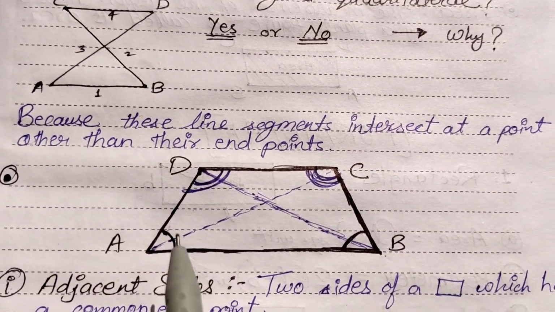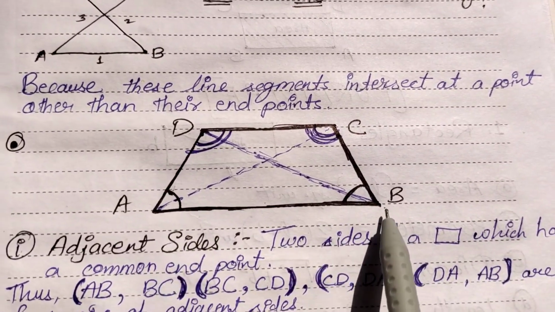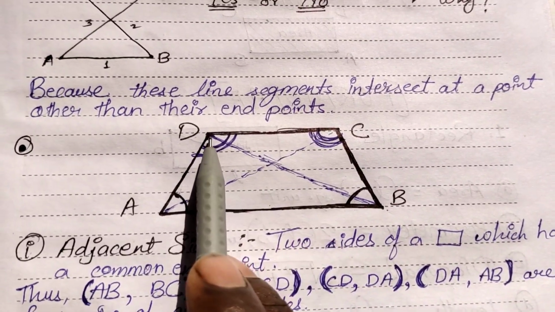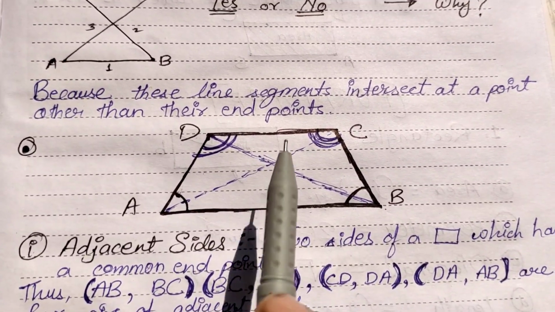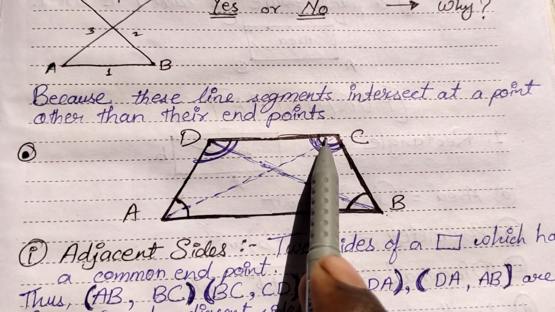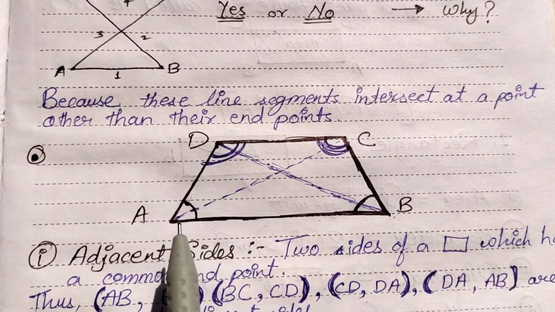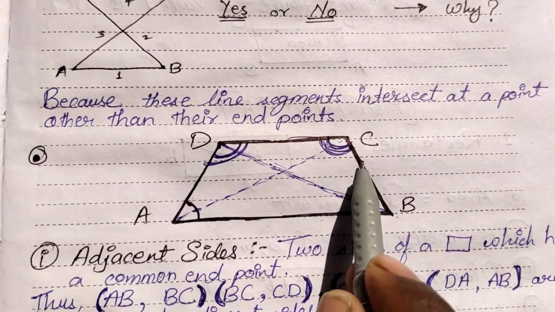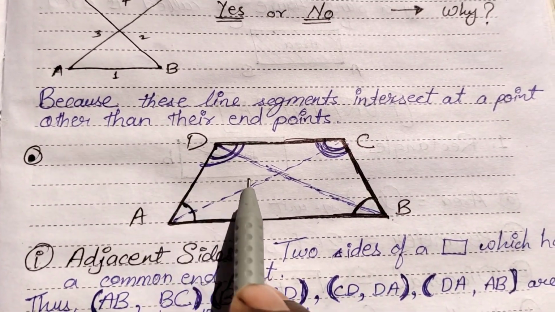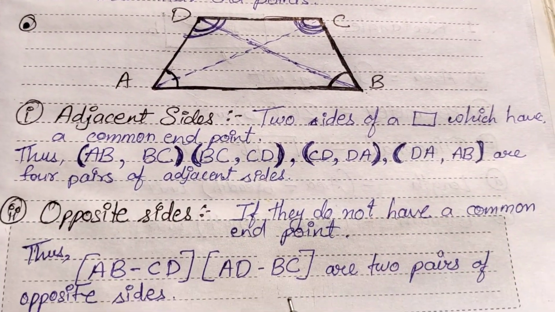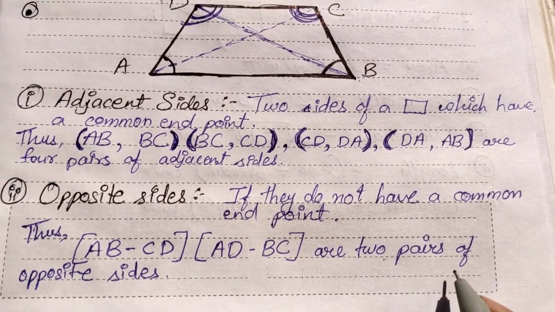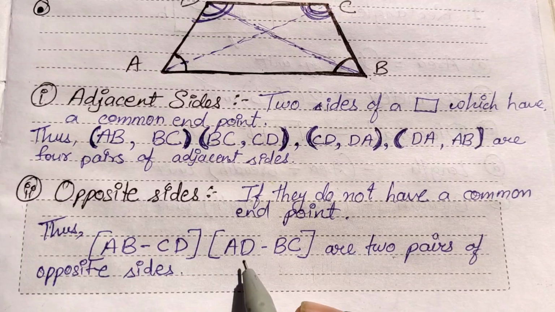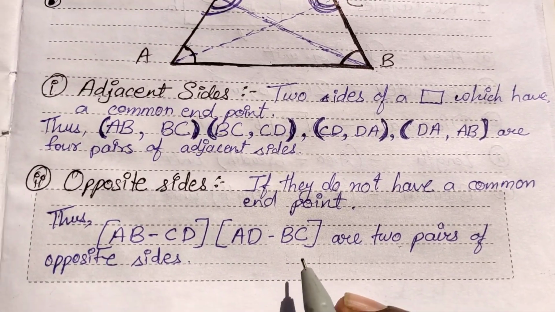Now see here in the figure, AB faces CD, so AB is opposite to CD, and AD faces BC, so BC is opposite to AD. Thus we conclude that we have 2 pairs of opposite sides: AB is opposite to CD and AD is opposite to BC.